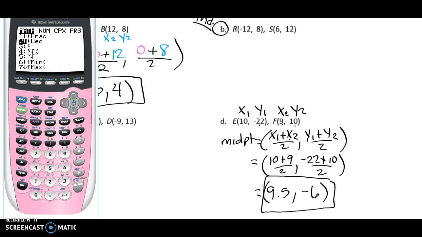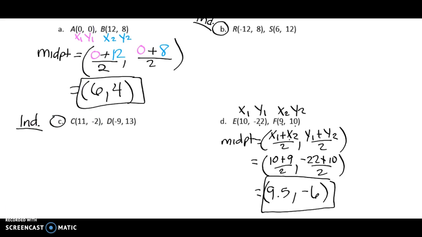If you want that answer to be a decimal, you just do math, choose number 2, and it brings you back there. Don't hesitate to use it. Again, you are trying B and C by yourself, and you're going to come back and check the answer, paying close attention to what I say, so that you know what the answer is, because I'm not doing it on the paper. I want to reward you for doing it correctly.